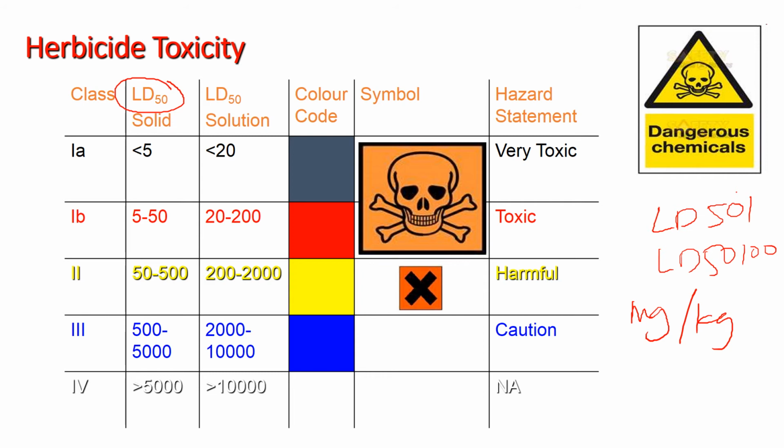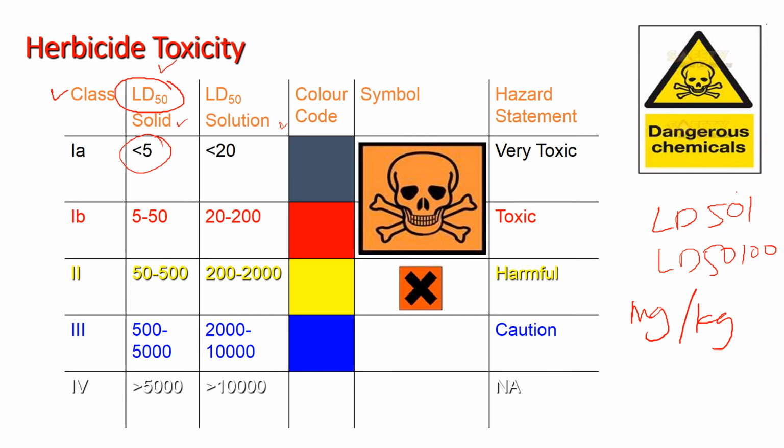When you look here, it gives you a class, and an LD50 value in solid state and also solution state. If you have less than 5, it means you need only a small amount of this herbicide to kill you, to make it a simpler explanation.